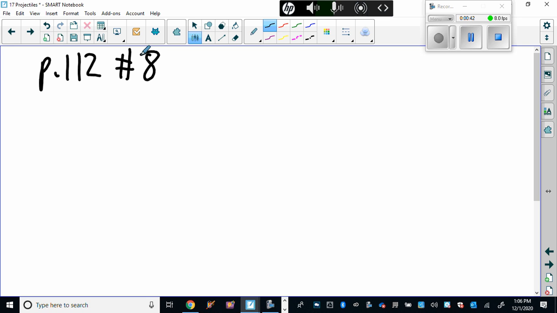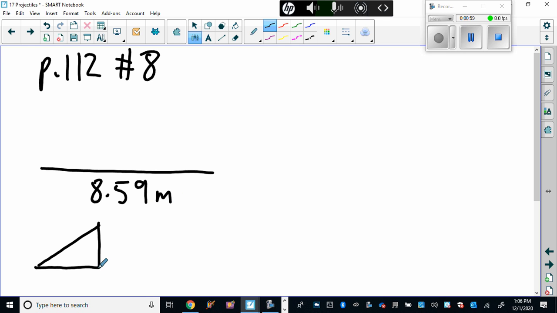So question number 8, it says that somebody in the Olympics, the long jumper, jumps a horizontal distance of 8.59 meters, and that the angle that they took off with was 23 degrees. 22 degrees, and that's all the information that's given to you in this question.